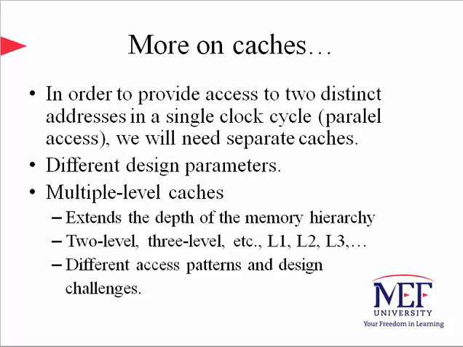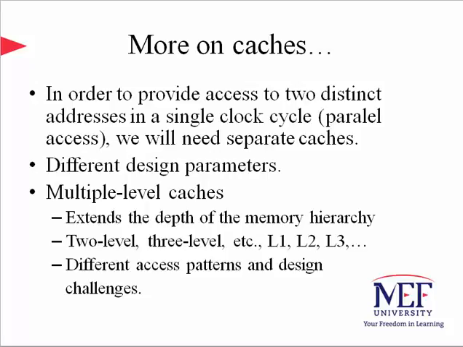On the other hand, it's possible to extend the depth of the memory hierarchy by placing faster and smaller caches close to the CPU and secondary and slower caches underneath to support that fast cache. These might be 2-level, 3-level, even 4-level caches, and historically they are called L1, L2, and L3 caches, where L1 is the fastest and also the smallest and closest one to the CPU.